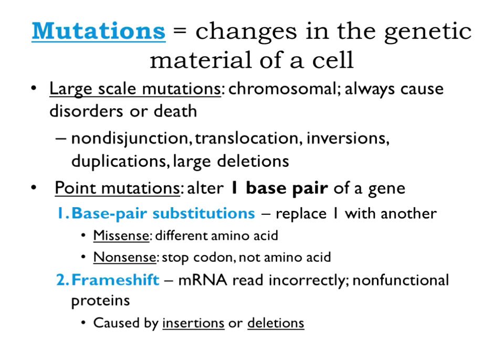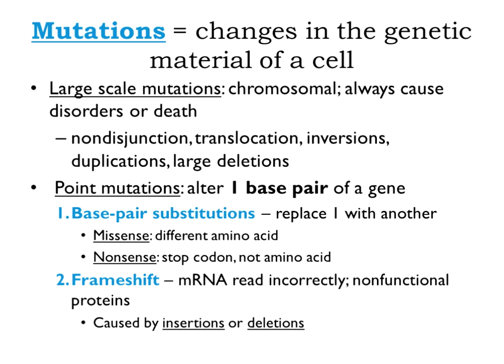So those are going to be involving multiple polypeptides, multiple proteins, and are therefore going to cause either a death to the organism or a major disorder such as Down syndrome, Turner syndrome, things like that.